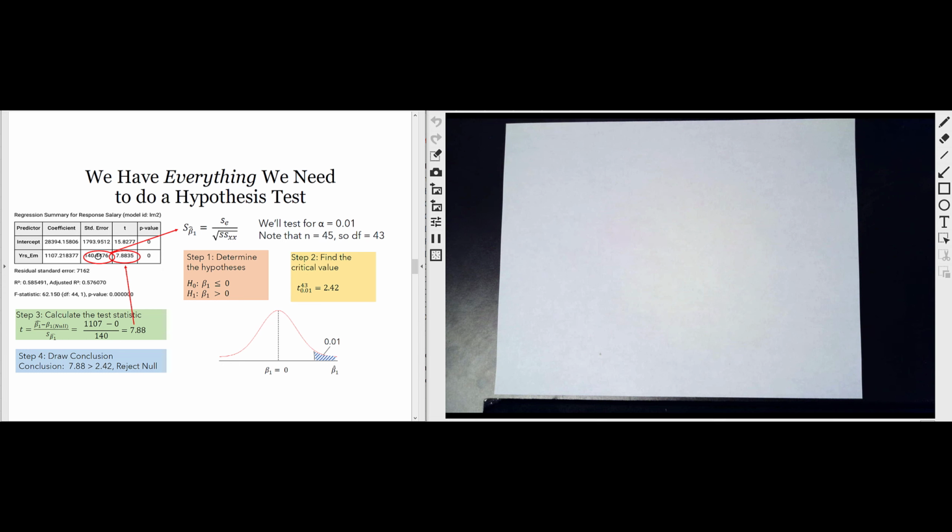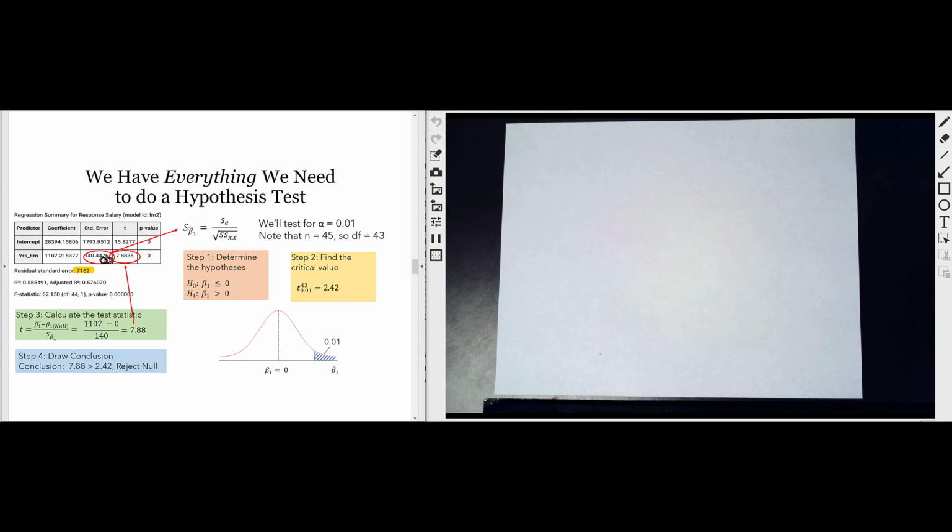The standard error in that slope is given by the residual standard error divided by the square root of SSXX. So the residual standard error is this thing, 7162, and that divided by the square root of SSXX gives us this standard error of $140 per year.